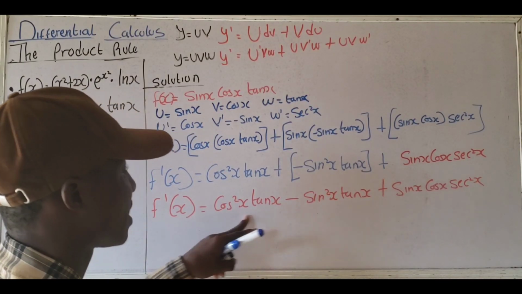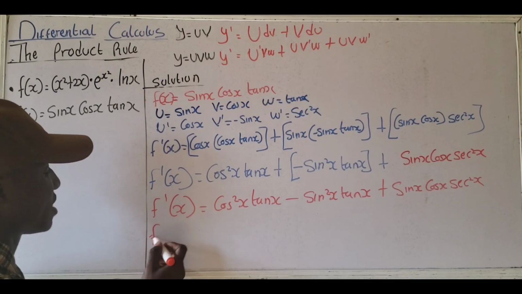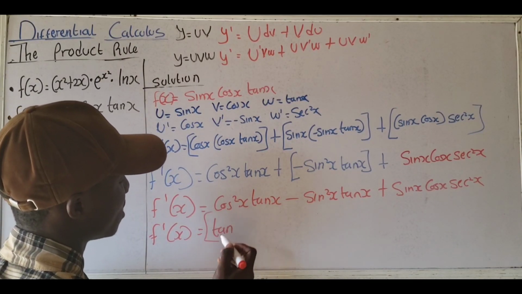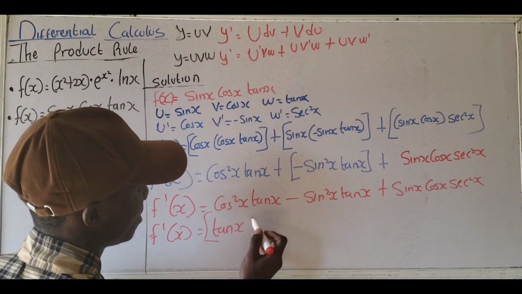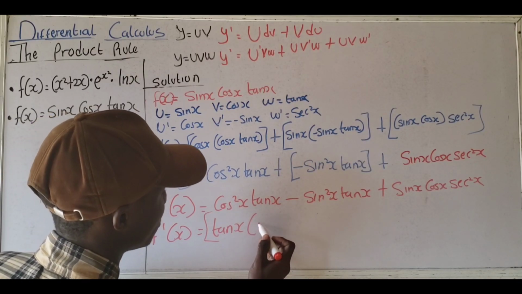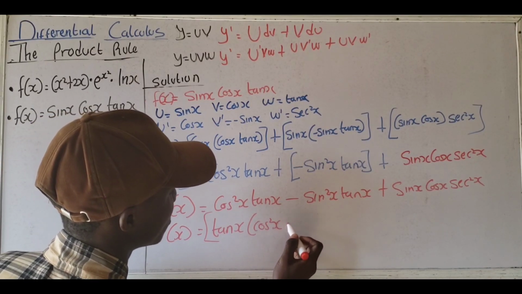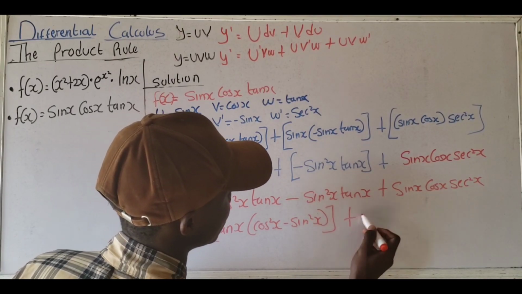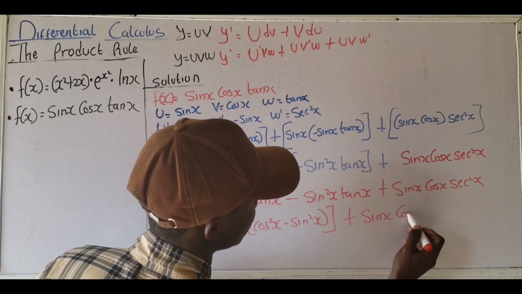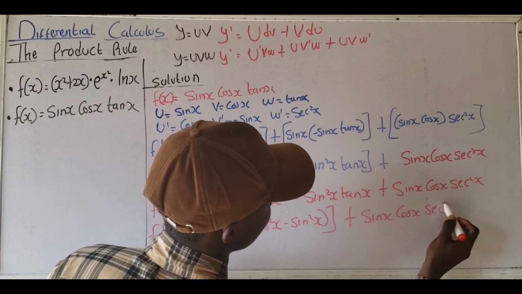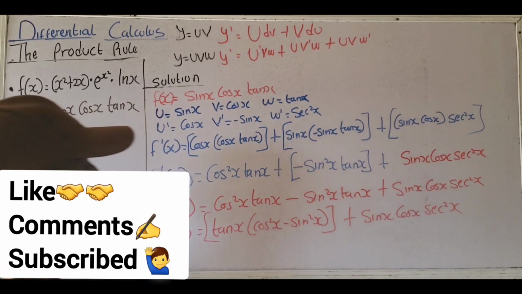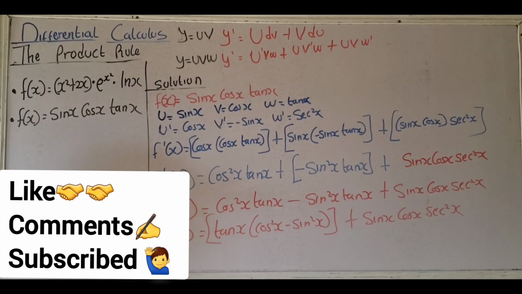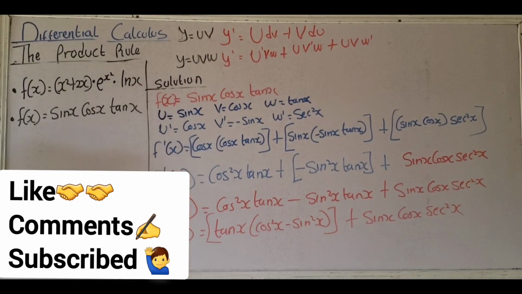To these two, tan x is common, so we can simplify it as this. Tan x into bracket cos square x minus sine square x, plus sine x cos x sec square x. Okay, so you can leave your answer like this, and if it is factorizable, you can proceed to factorize as well. Okay, so that's all.